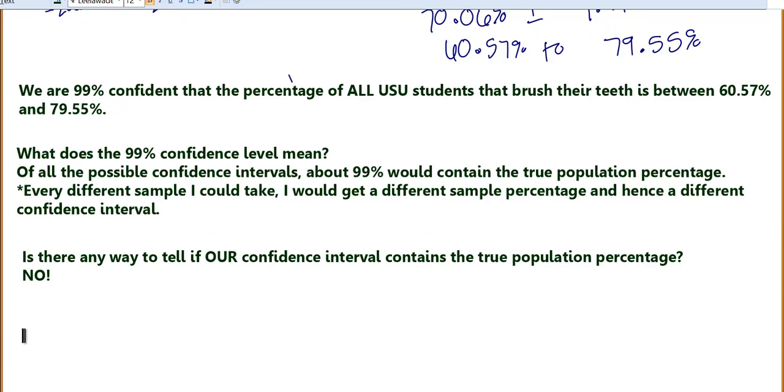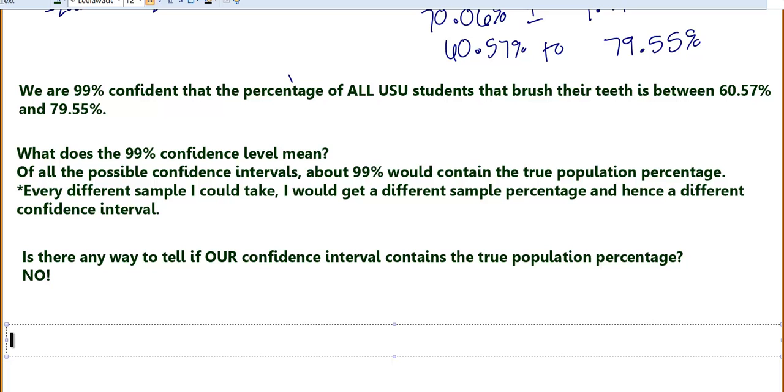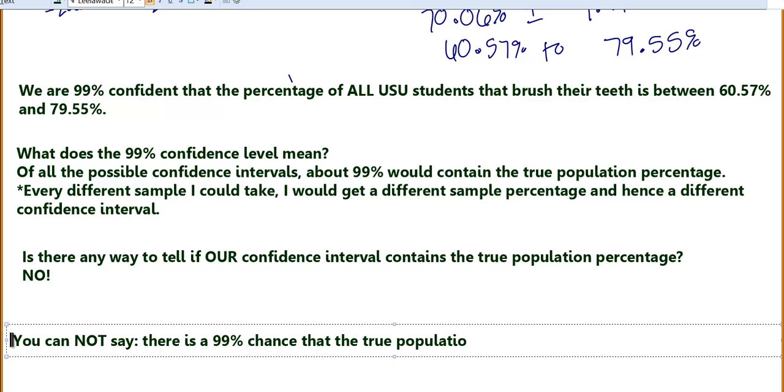And one final thing I want to say. You cannot say that there is a 99% chance that the population percentage is in our confidence interval of 60.57 to 79.55.